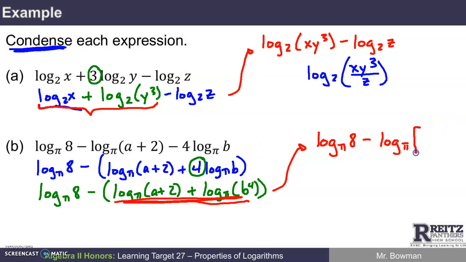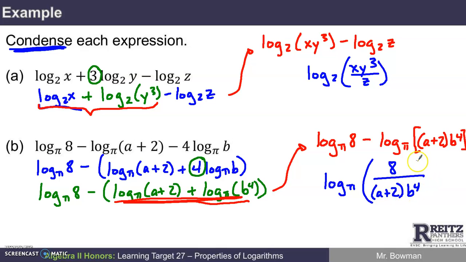So I'll do something like a plus 2 times b to the 4th. And finally, I see 2 logs separated by a minus sign. Let me write the answer of the simplified expression with one log, and let me put the 8 on top as the input, and on bottom I'll put a plus 2 times b to the 4th. And there we have it.